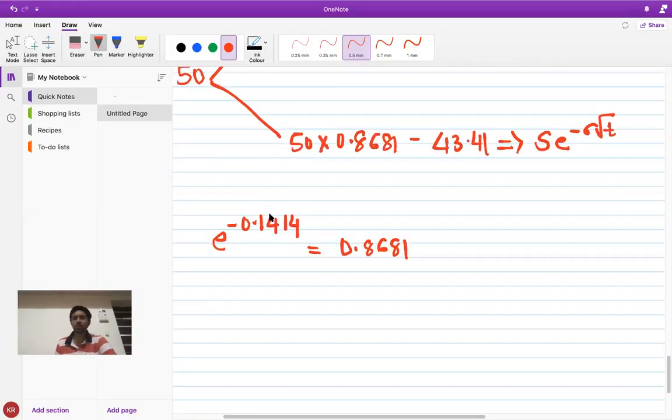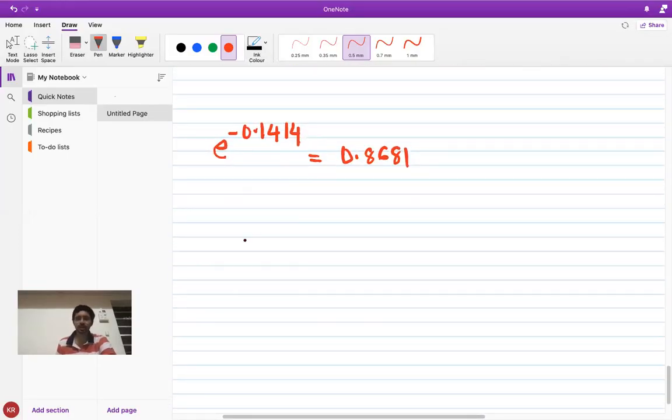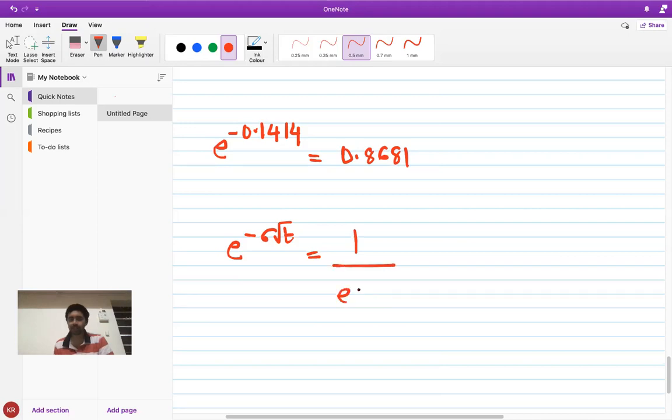Now basically, if you actually remember at least your 8th class or 6th class mathematics, e power minus sigma root t is actually nothing but 1 by e power sigma root t.